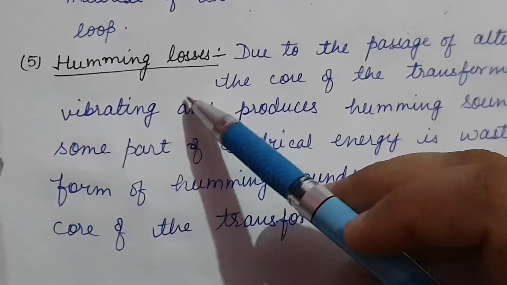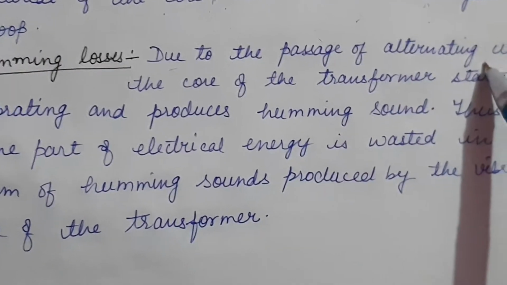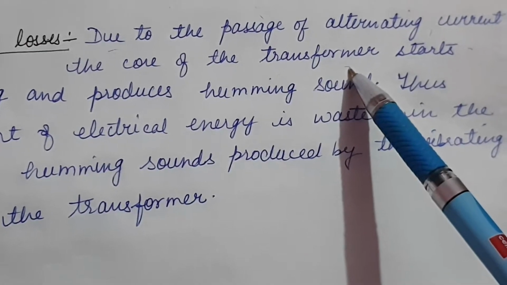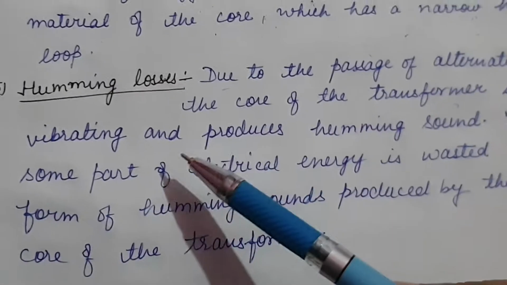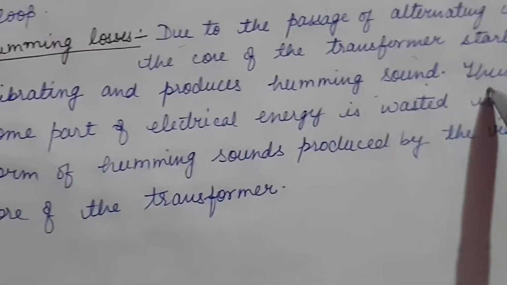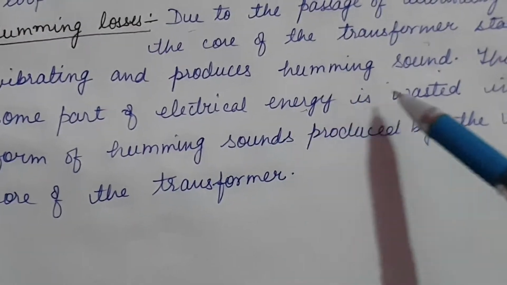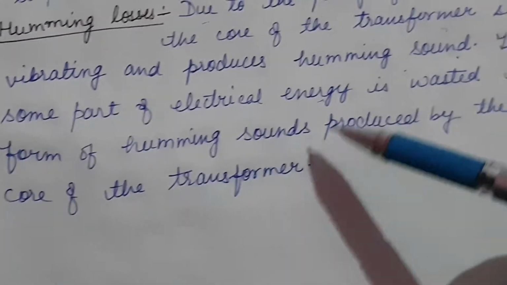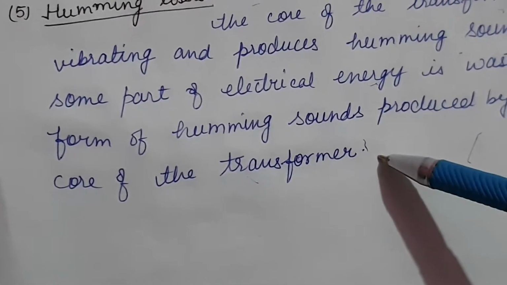Next one is humming losses. Due to the passage of alternating current in the core of the transformer, it starts vibrating and produces a humming sound. Thus, some part of electrical energy is wasted in the form of humming sounds produced by the vibrating core of the transformer.